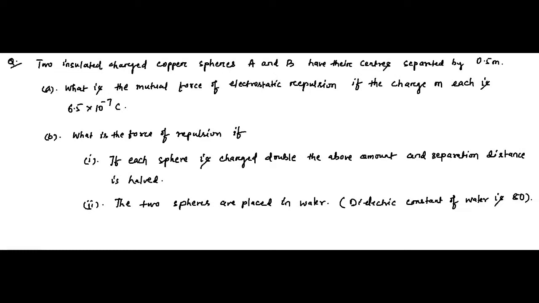That is the first part. Then another part is, what is the force of repulsion if each copper sphere is charged double the amount above and the separation distance between them is halved?